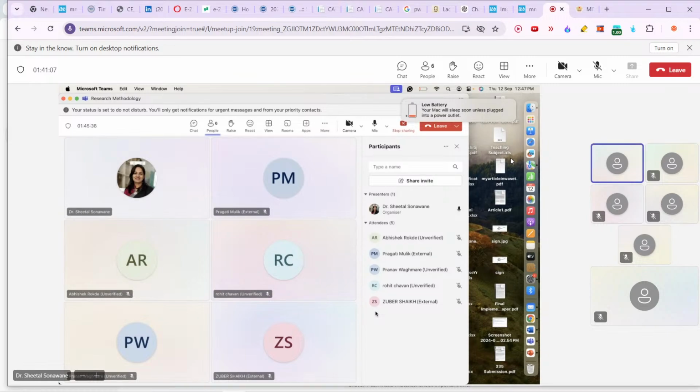Okay, starting. Yours is 01, 01, 04, 5201. Tell me your numbers, Pragati. 5206. Okay.